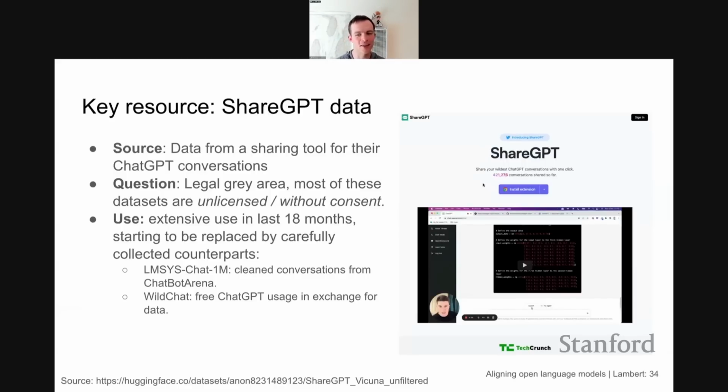So it was making it easier to share the prompts in your conversations before OpenAI made a tool to do this. And now there's this legal gray area over the dataset because most of these datasets are unlicensed and they were created without consent or they were released without consent. So there's a legal question of whether or not people should be training on this data.